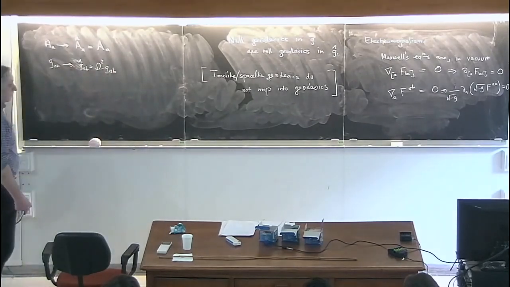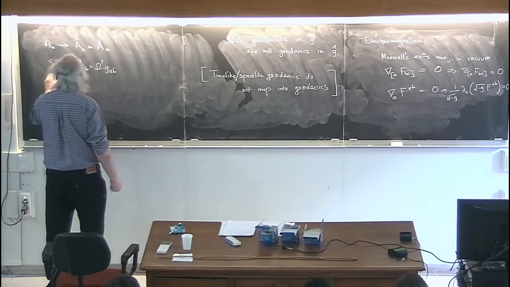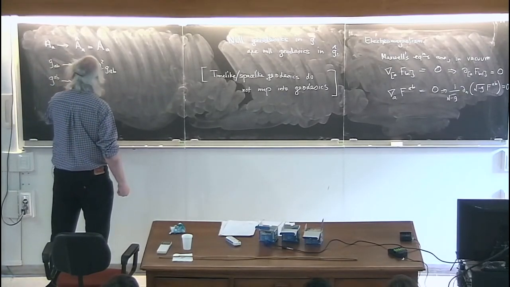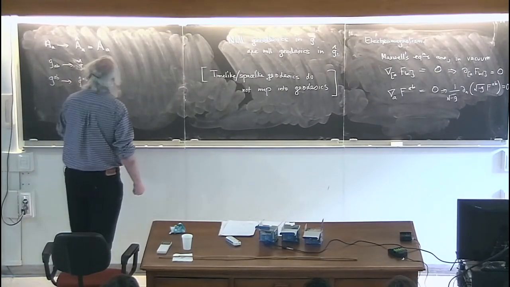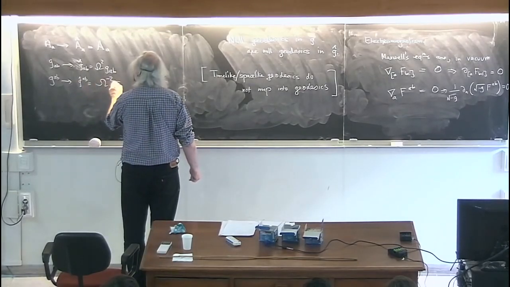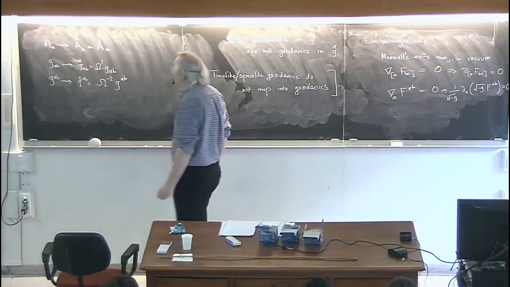That means that the inverse metric, g^{ab} with indices upstairs, goes to g hat^{ab}, which is equal to omega to the minus 2 times the old g^{ab}.